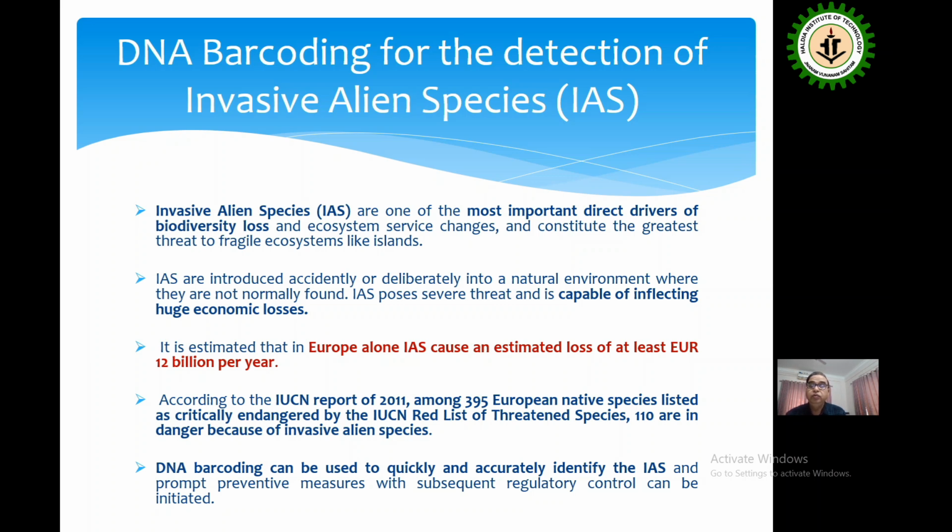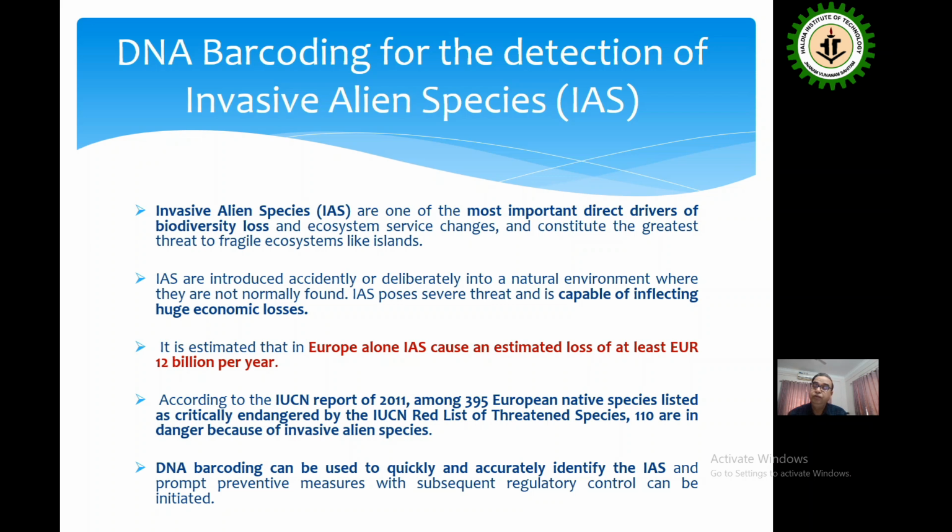And the main cause for biodiversity loss is the introduction of invasive alien species. These invasive alien species have caused havoc in fragile ecosystems like the Great Barrier Reef.